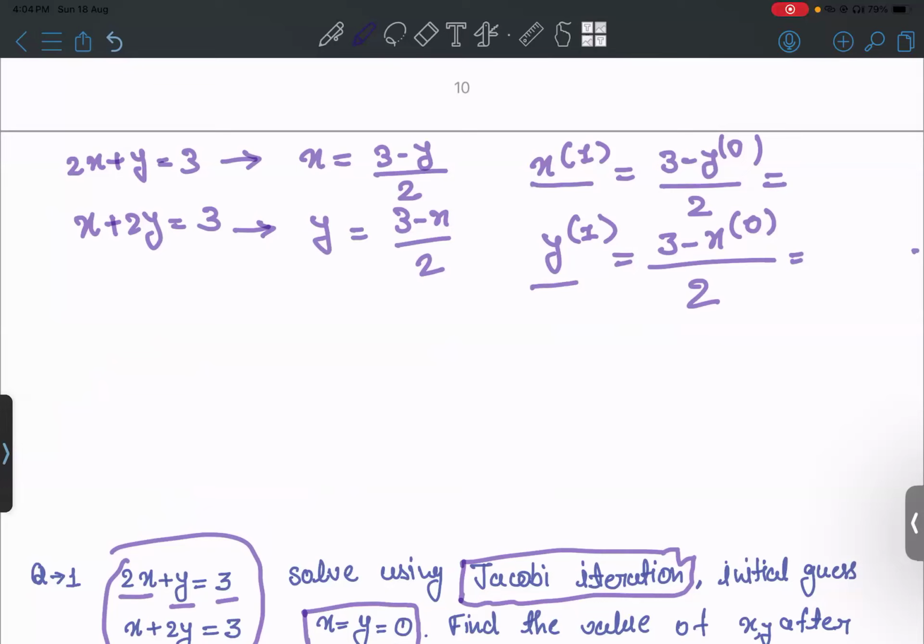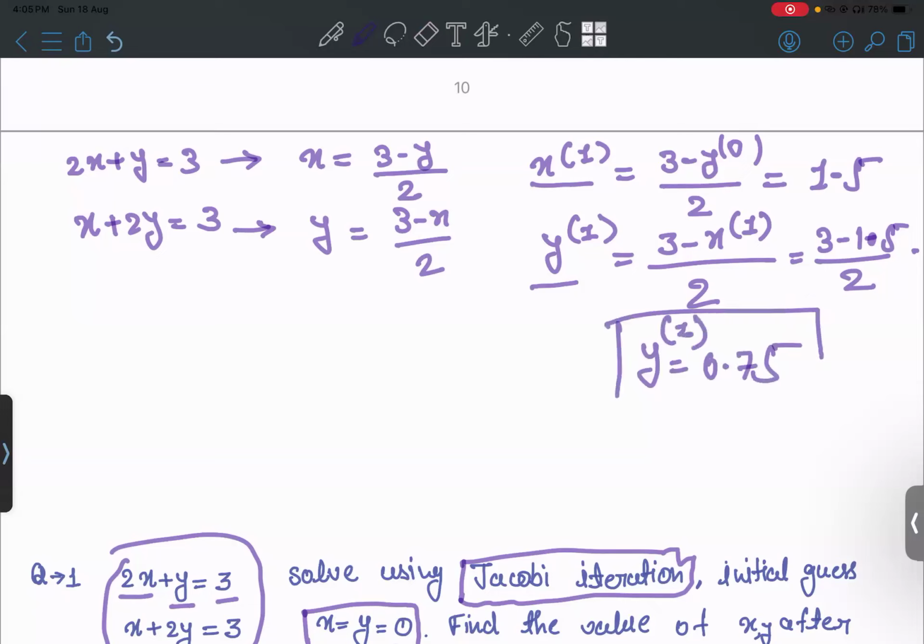For y at the first iteration, rather than using the 0th iteration value of x, we use the latest value, since we have already found x at the first iteration. So x is the same 1.5, but for y it is 3 minus 1.5 divided by 2, so y will be equal to 0.75 at the first iteration.